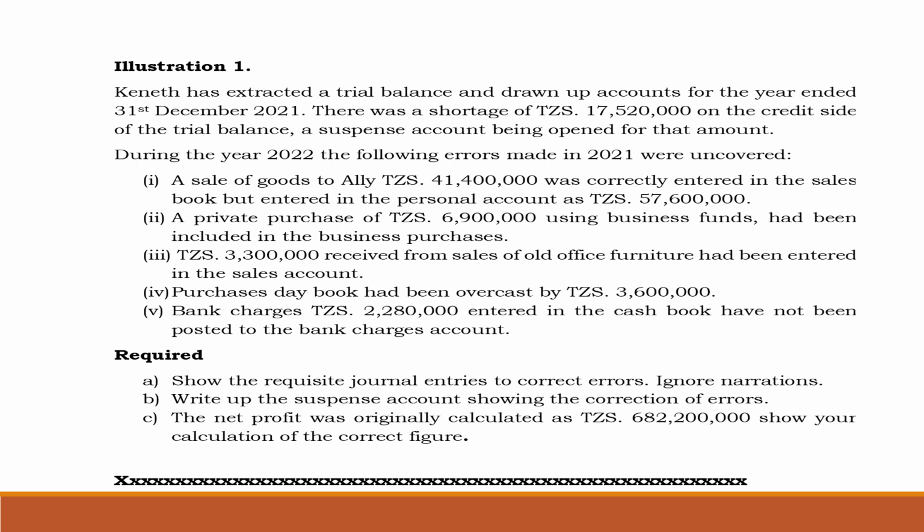So there was a shortage of 70 million 520,000 on the credit side of the trial balance. So the suspense account is opened for that amount. During the year, it happened that these errors were uncovered.